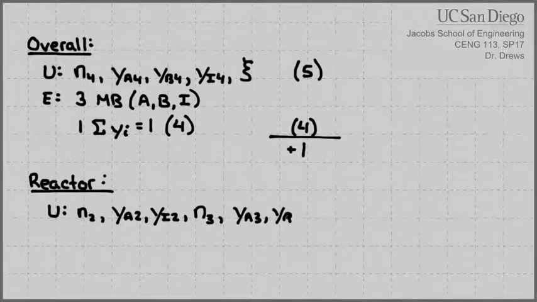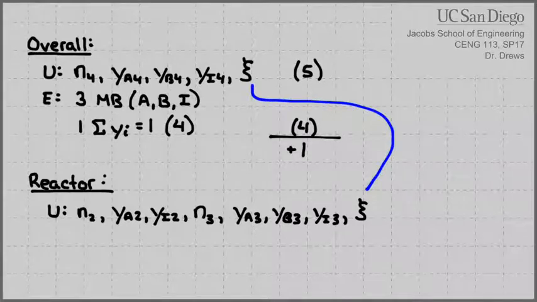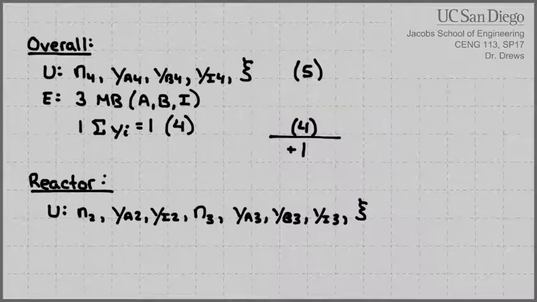So YA3, YB3, and YI3. And we also have an extent of reaction. Again, keep in mind these 2 extents of reaction that we have are the same extent of reaction, so they're not different variables.